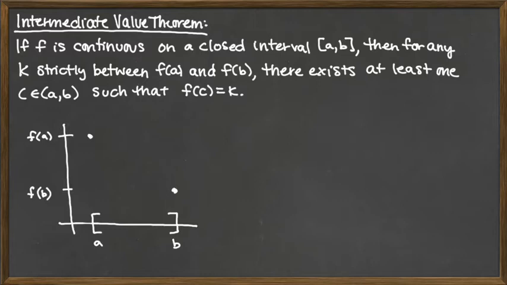So what the intermediate value theorem is saying is that every y value in between is achieved because we have continuity.